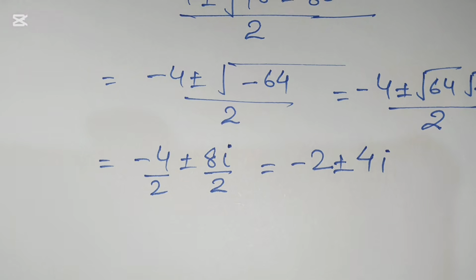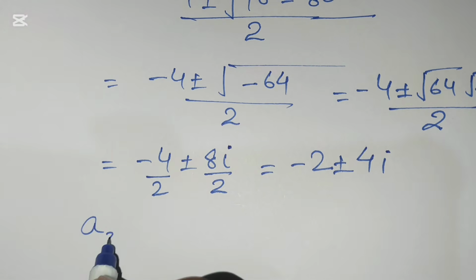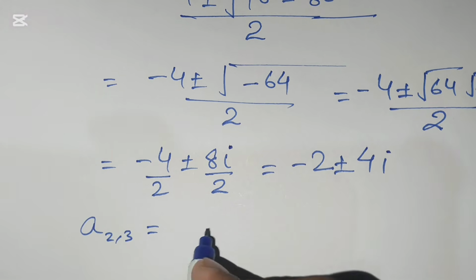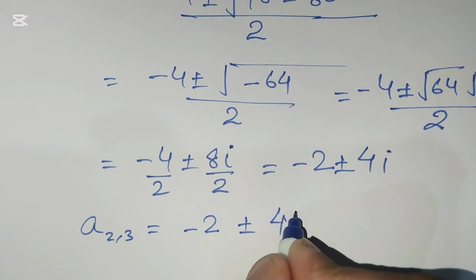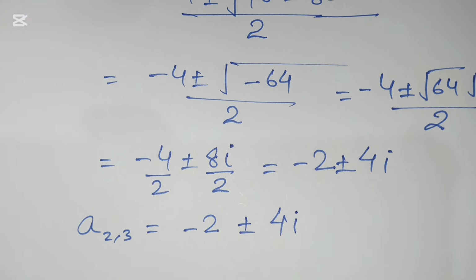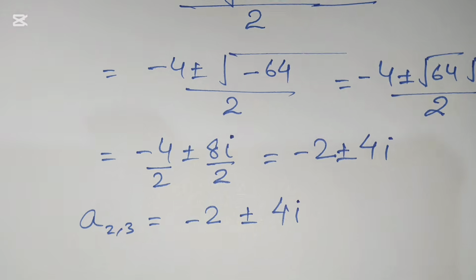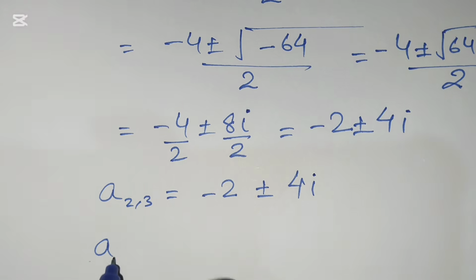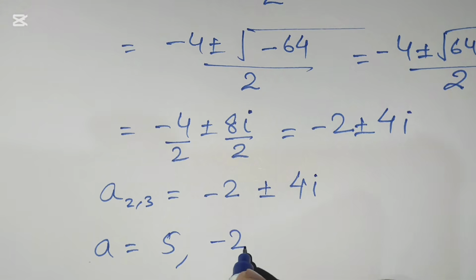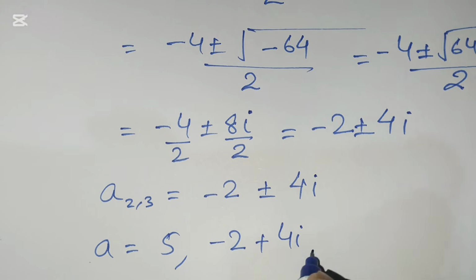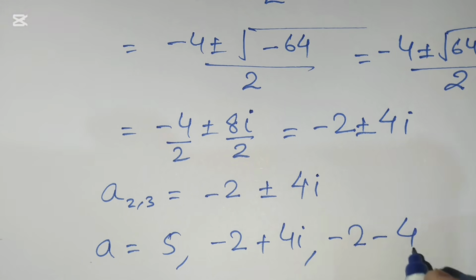So we have a second and a third value which is complex, minus 2 plus minus 4 iota. So we have values of A. First value is 5, second is minus 2 plus 4 iota, and minus 2 minus 4 iota.